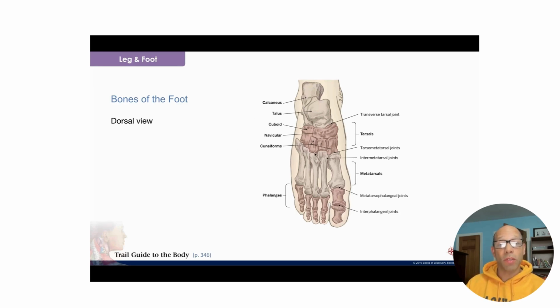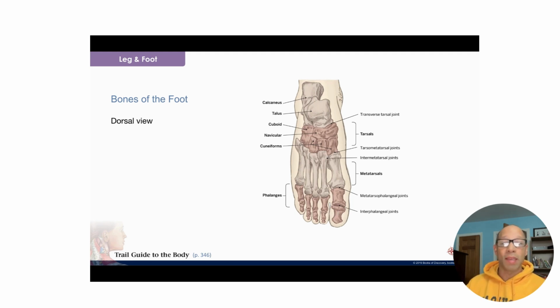So the tarsals would be what the carpals are to the hand. The metatarsals would be what the metacarpals are to the hand, and the phalanges would be what the phalanges are to the upper body. So again, we have three parts to those phalanges here, two parts to that toe there. That's kind of like the thumb of the foot, basically.